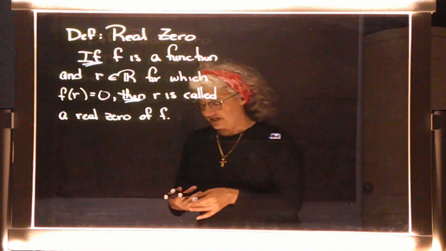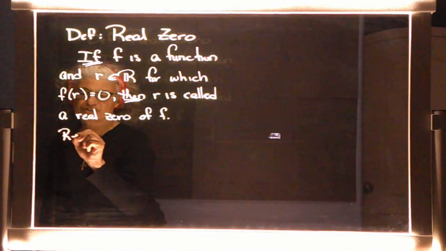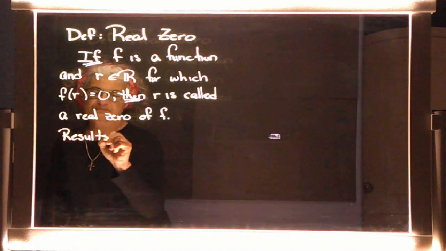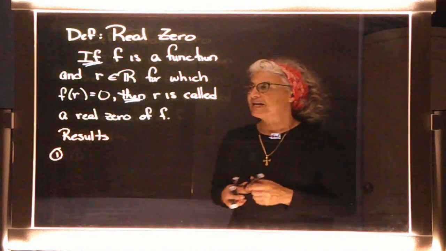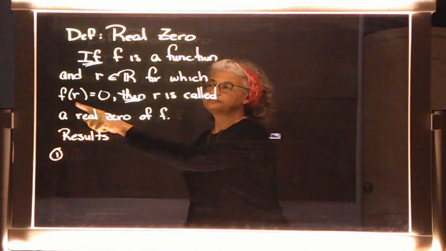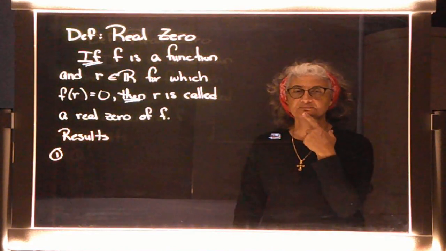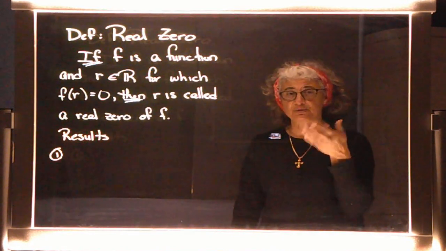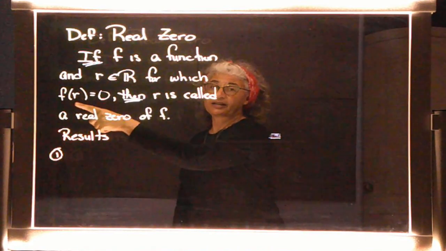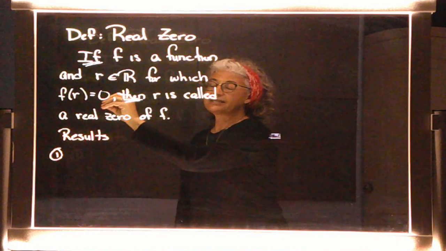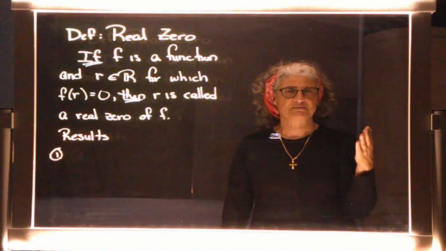Well, here's the deal. There's some results that happen from this definition. So let's look at them. Here's one of the results. Let's talk about this a second. If you plug r in, r would be what variable? Yeah, r would be the x, wouldn't it? Because you're plugging it into an f of x. And when you plug in this number for x, you end up with 0. 0's for which variable?